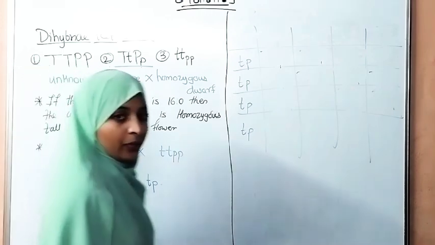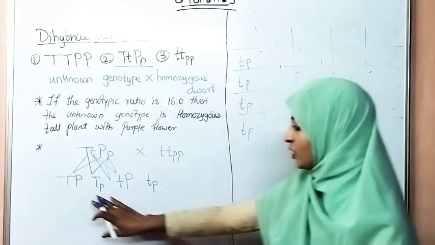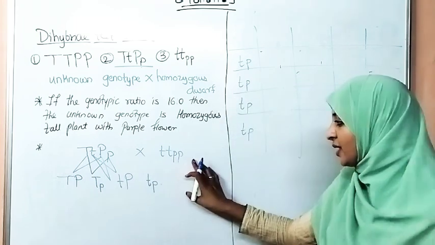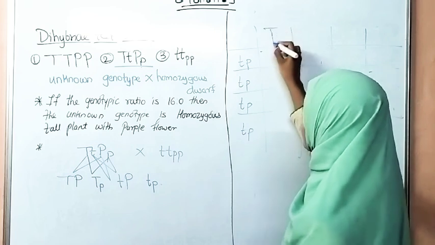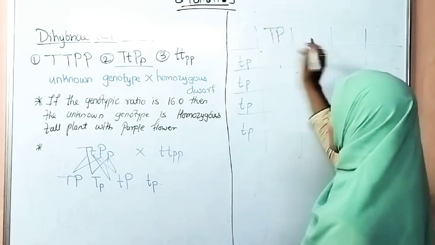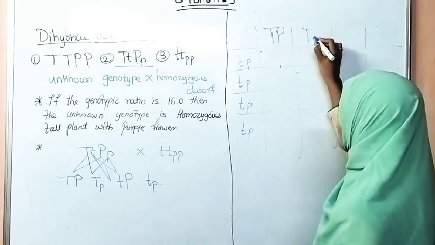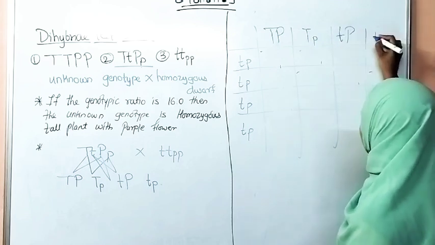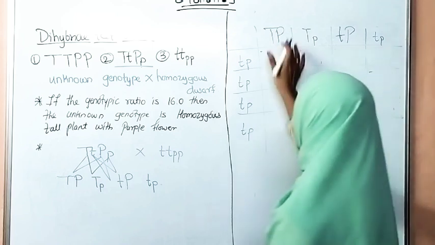Now see here, we cross it with the homozygous dwarf character, and the alleles of the heterozygous character are capital T, capital P, capital T, small p, small t, capital P, and small t, small p. So now we are going to take a cross.